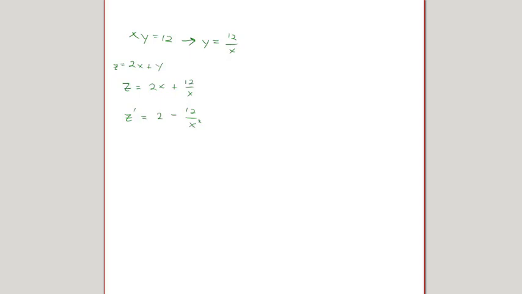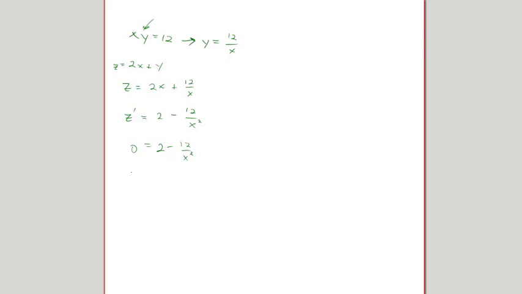But if x was 0, then y could be anything. Well, I should say y can't be anything so that our constraint function would work. So knowing that x can't be 0 is useful. Okay, so now let me set it equal to 0 and solve. 12 over x squared.